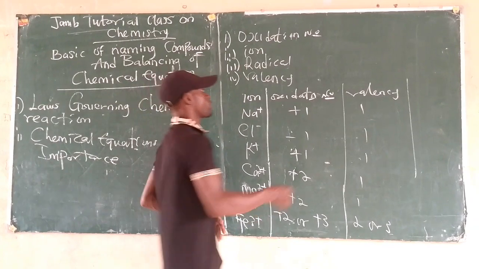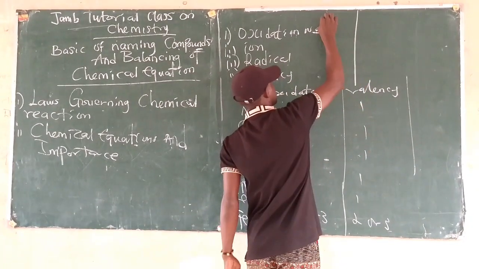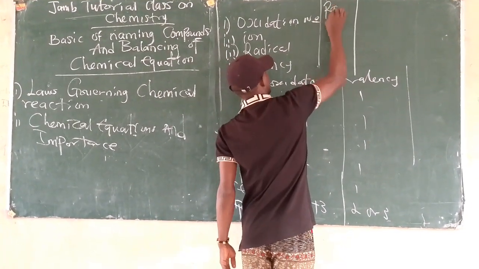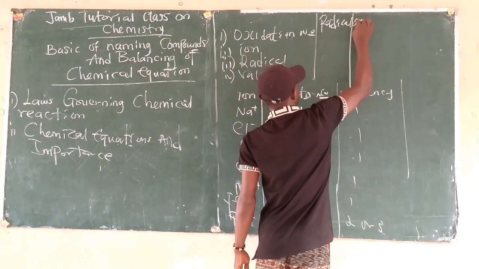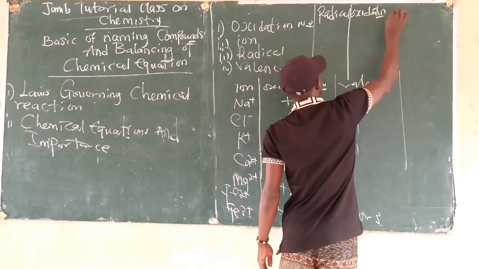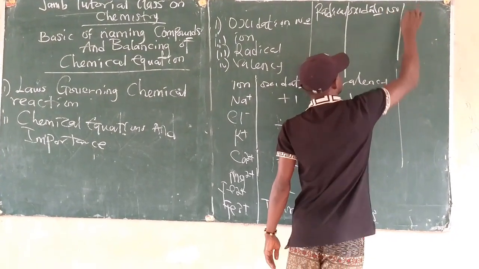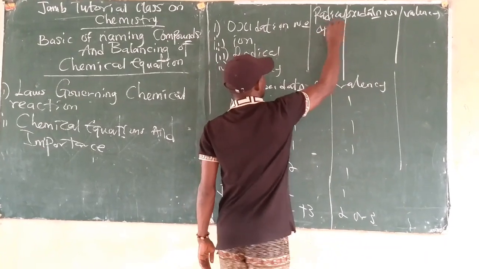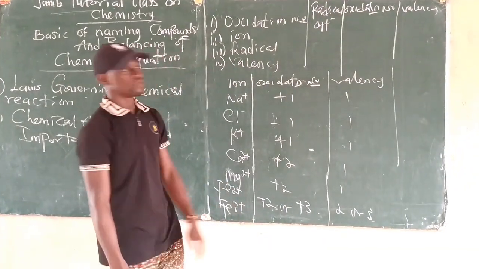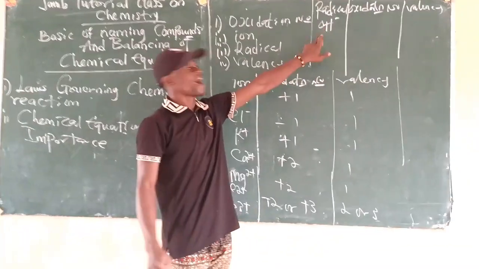Now when it comes to radicals, we also have some examples of radicals, with the oxidation number and its valency. We have OH-, a typical example of a radical. This is called hydroxide.